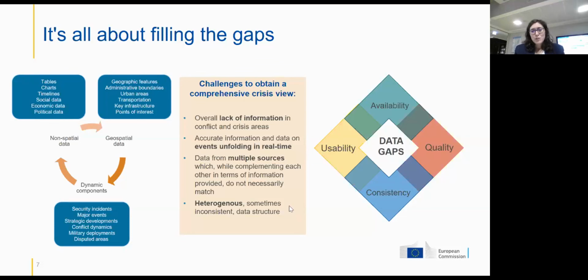Additionally, the structure of the data that we collect is most of the time heterogeneous. Therefore, it requires extensive data processing, especially from a mapping and geospatial point of view. All these aspects actually overlap with one another.